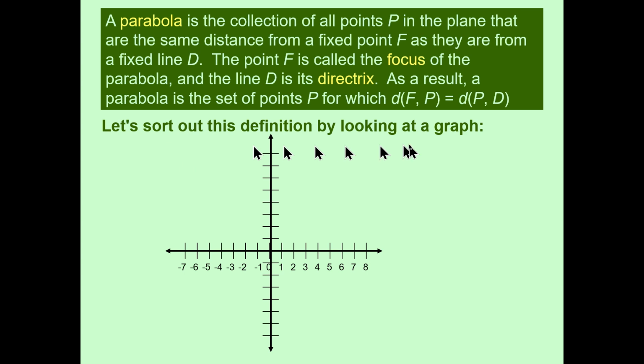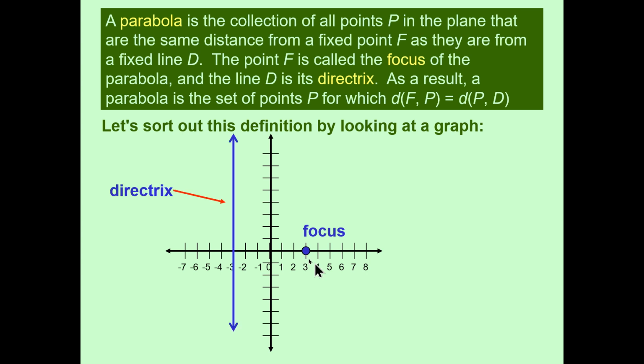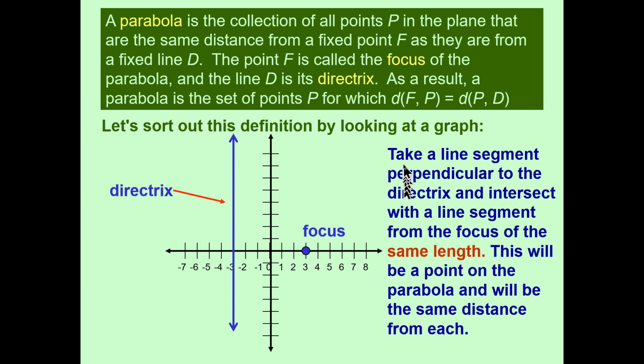So let's sort this out by looking at a graph here. There's our focus point F, and that's our directrix D. Now take a line segment perpendicular to the directrix and intersect it with a line segment from the focus that will be the same length.